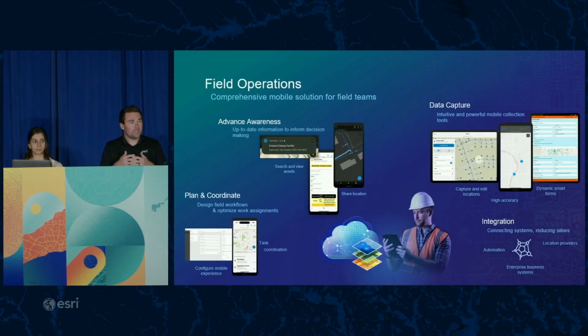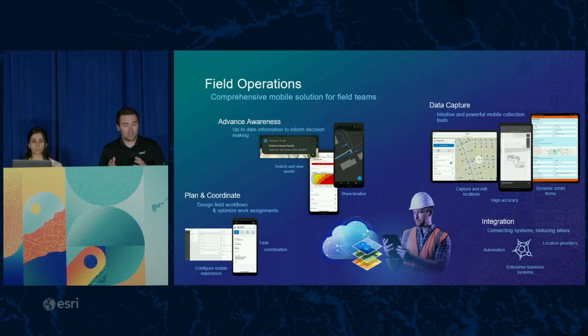Before diving deep into workflow automation, we're going to take it back up and take a look at field operations. So ArcGIS has a comprehensive mobile solution for your field activities, for your field teams, starting with planning and coordinating. So planning your field work, designing your field workflows, and optimizing your work assignments, and getting work to folks out in the field.